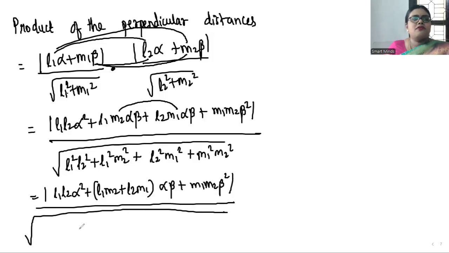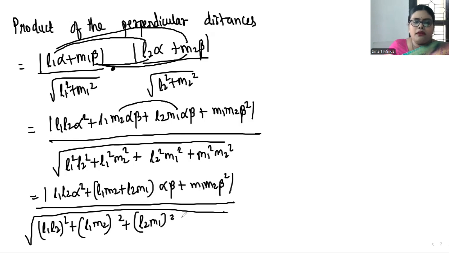Again, the same steps we have to copy from cos theta. So L1 square L2 square we can write as L1 L2 whole square plus L1 M2 whole square plus L2 M1 whole square plus M1 M2 whole square. Now for this part we will use which formula?